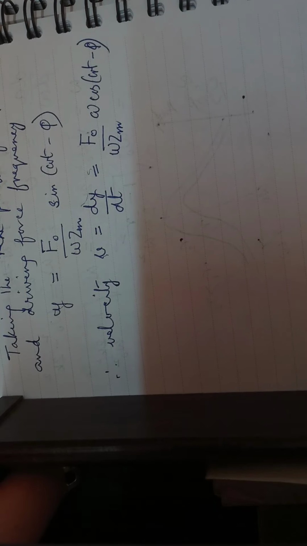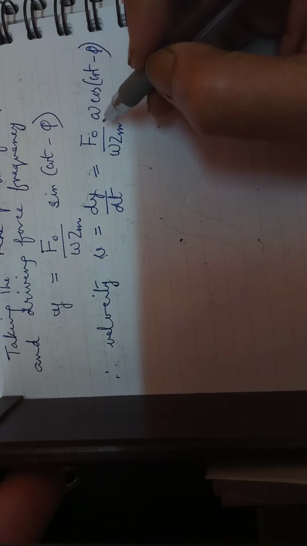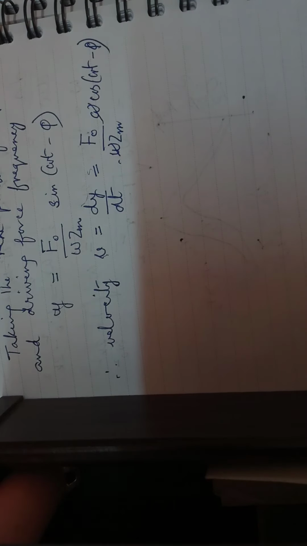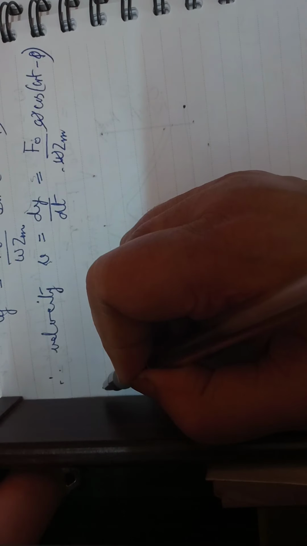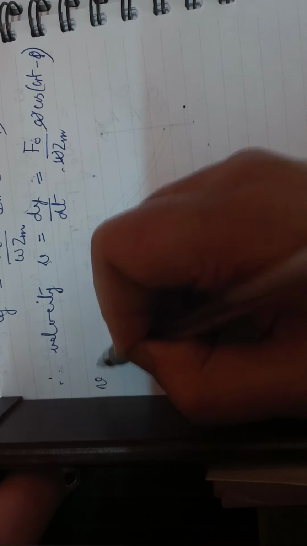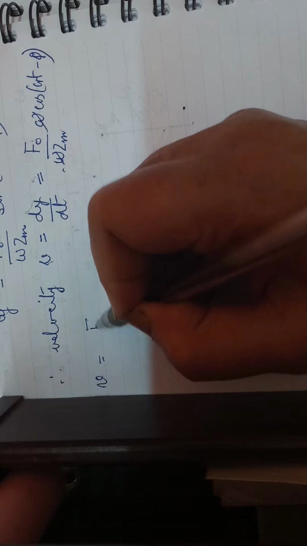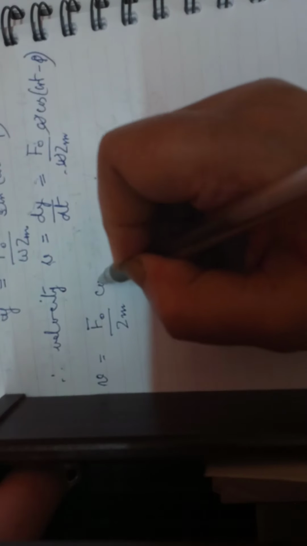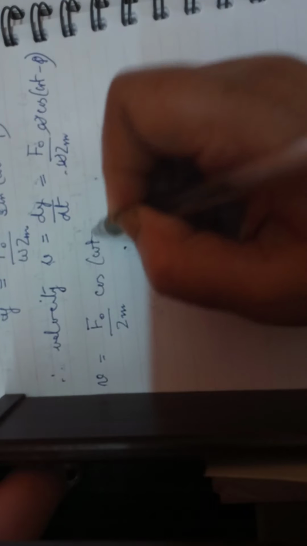The omegas cancel, so for our velocity we get v equal to F0 by Zm cos of (omega t minus phi).